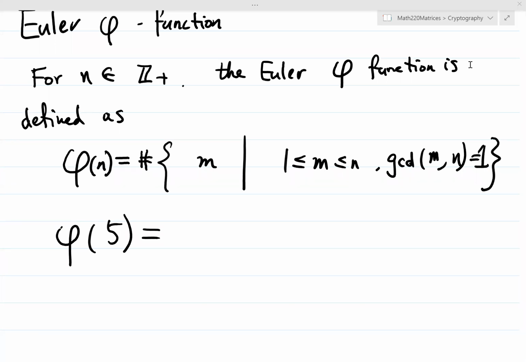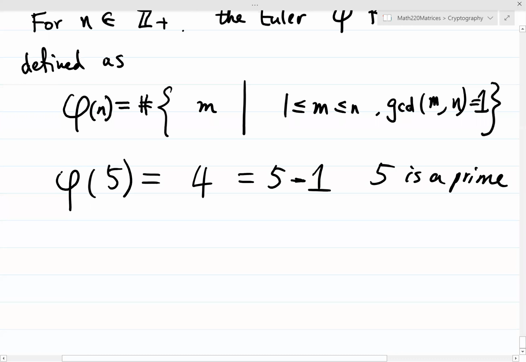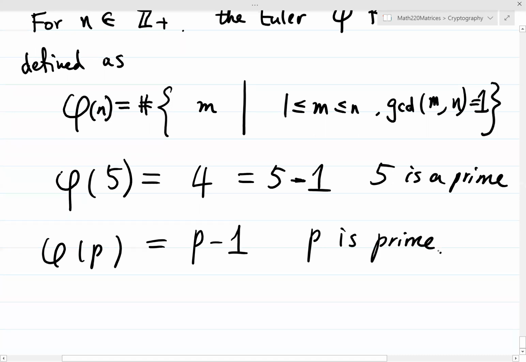So phi 5 is 4, which is 5 minus 1. Here 5 is a prime. What is phi of p for a prime? The numbers from 1 to p minus 1 are all coprime with p. So the Euler phi function of p will be p minus 1 if p is prime.